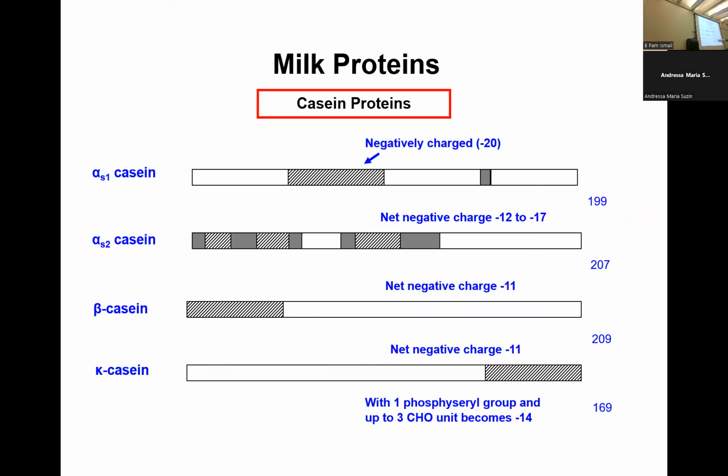This is also called glycomacropeptide when rennet breaks it here. That little hydrophilic tail is called glycomacropeptide, and that stays with the whey portion, which is very hydrophilic. So when we produce whey protein isolate by membrane filtration, we'll see glycomacropeptide among the whey proteins, which is not really a whey protein, it comes from the casein.